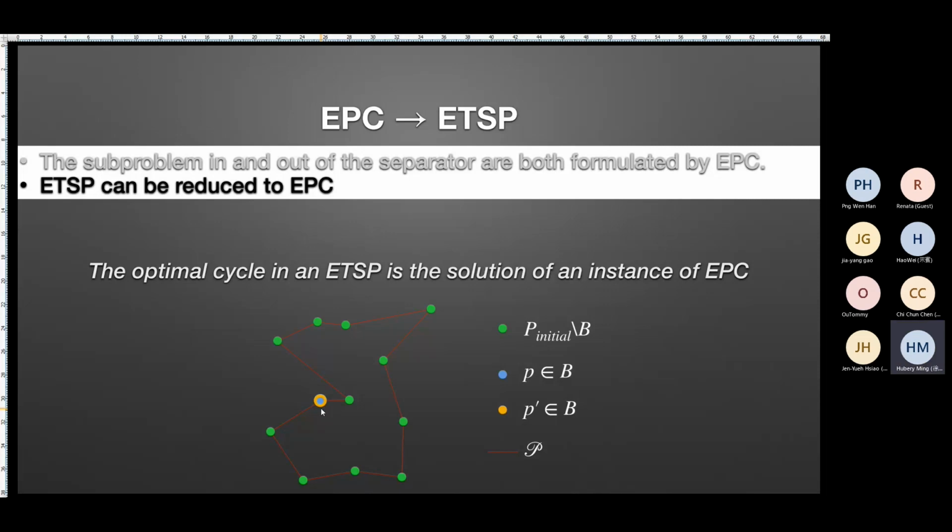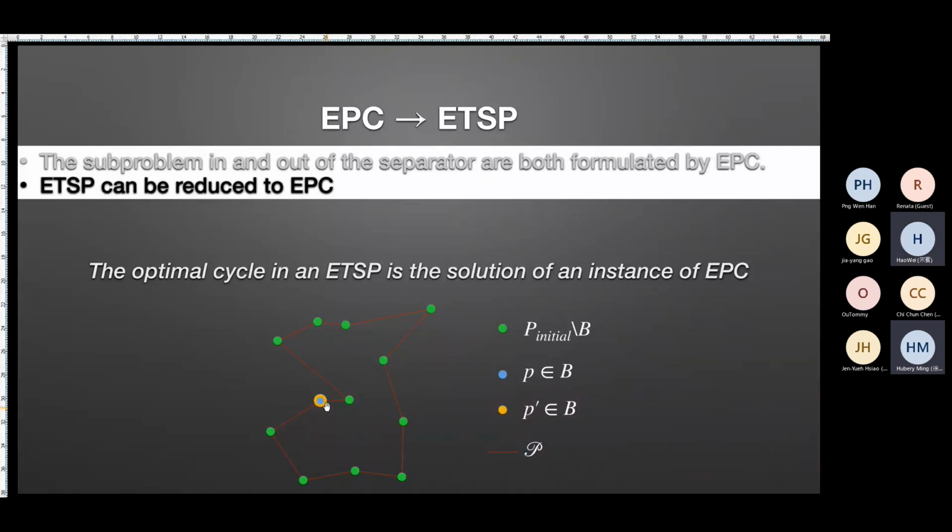Actually, we could reduce ETSP to EPC. Let's consider an optimal cycle of ETSP. We could pick an arbitrary point as a boundary point, and we copy points at the same position. Then we obtain an instance of EPC.